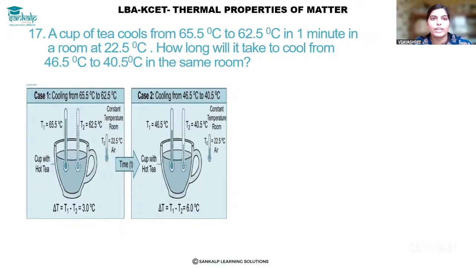A cup of tea cools from 65.5 degrees Celsius to 62.5 degrees Celsius in 1 minute in a room temperature at 22.5 degrees Celsius. How long it will take to cool from 46.5 degrees Celsius to 40.5 degrees Celsius in the same room temperature?